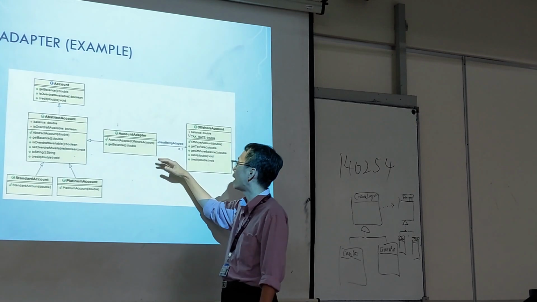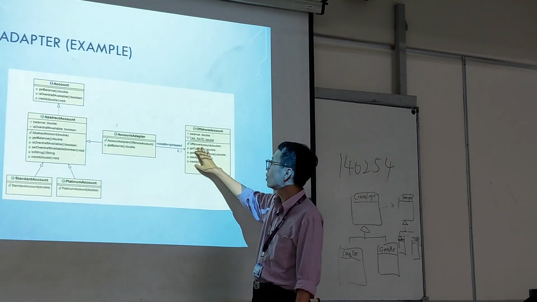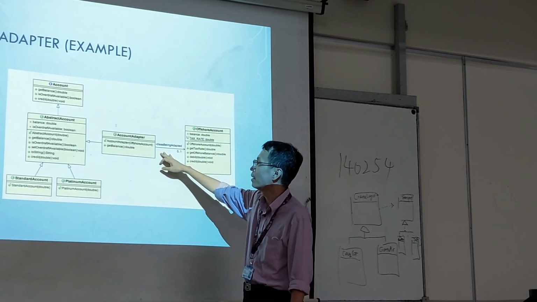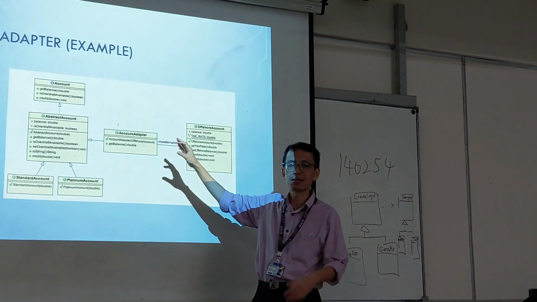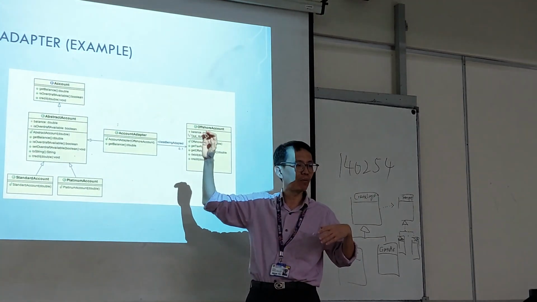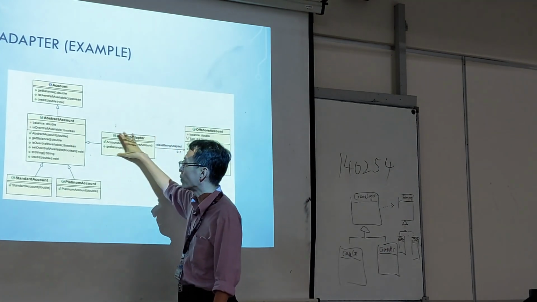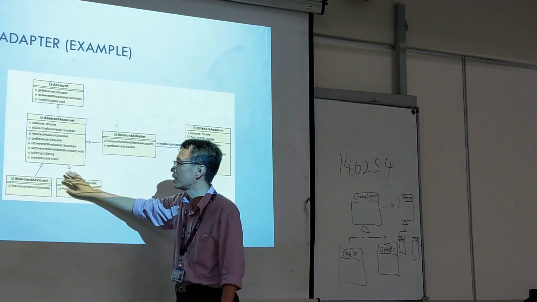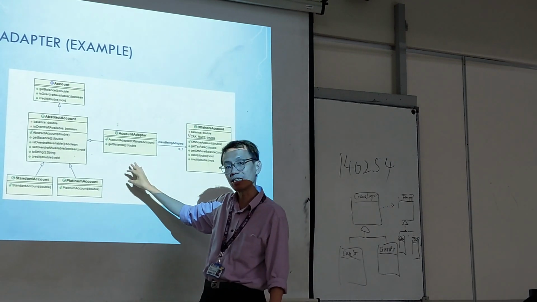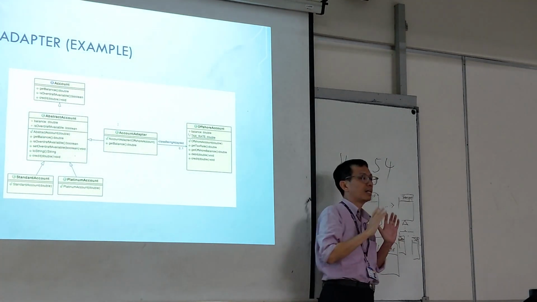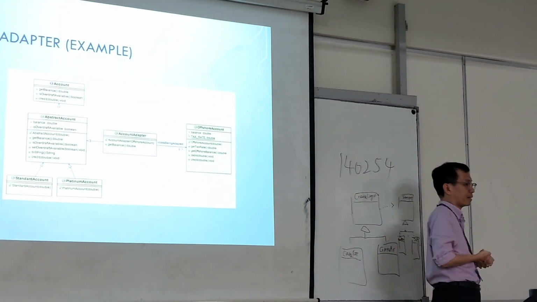So in this case, I have an account adapter, so that it can act as a middleman or middle interface for the classes to access all these different accounts with different interfaces. Okay, so this is the adapter pattern.